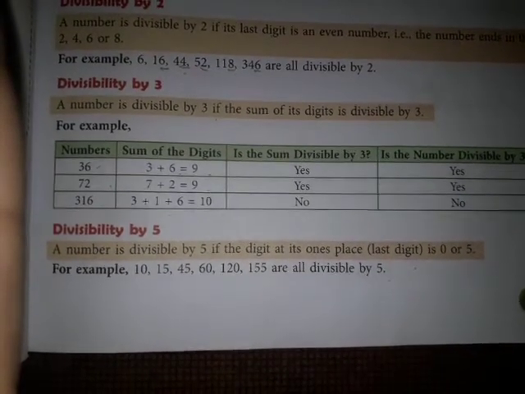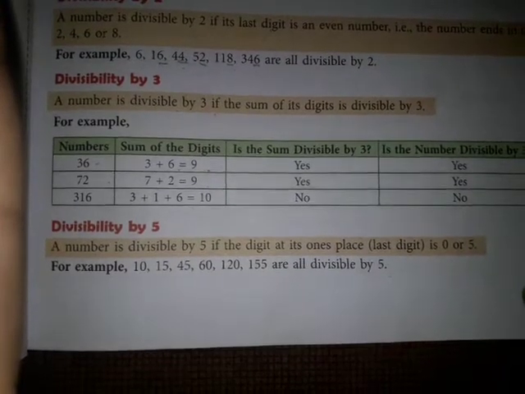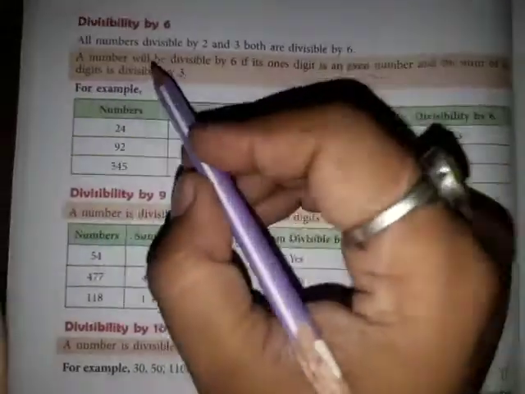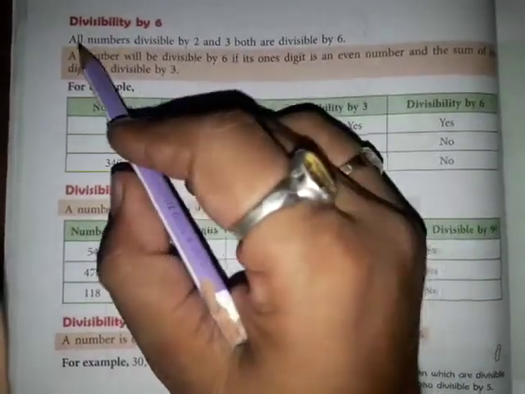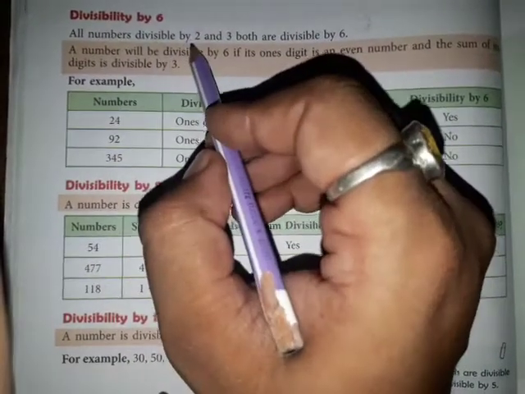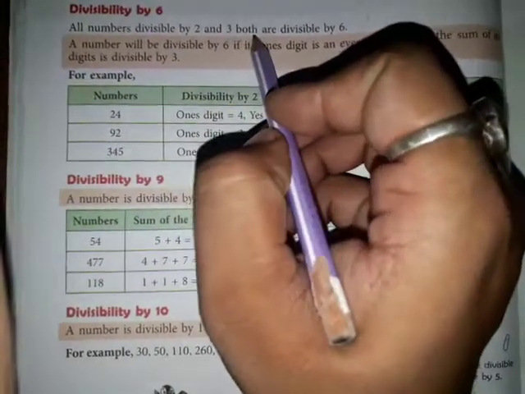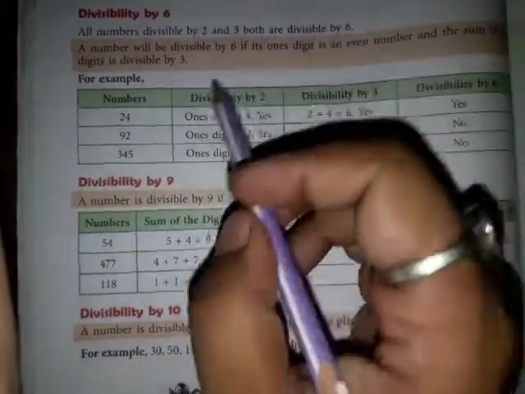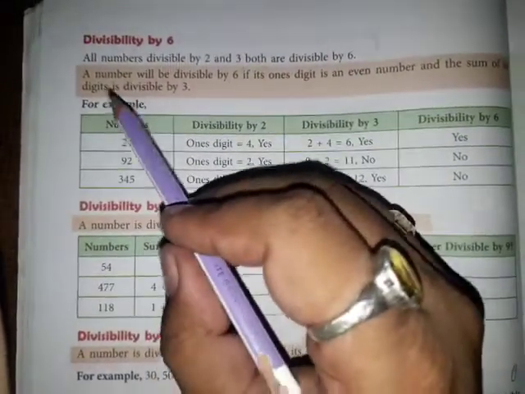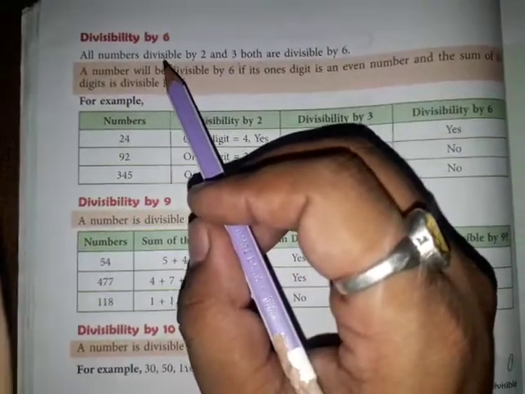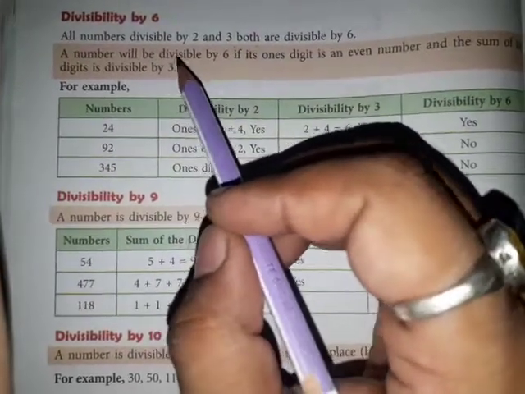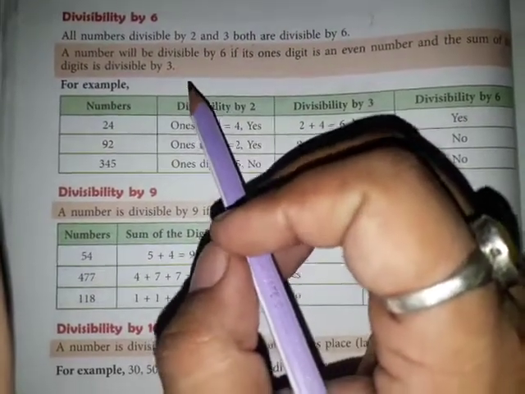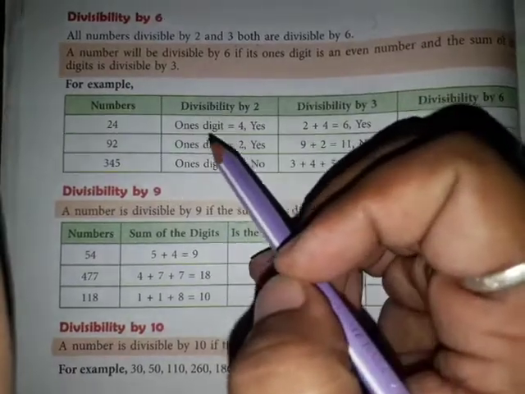The next is divisibility by 6. All numbers divisible by both 2 and 3 are divisible by 6. That means if we want to check whether a number is divisible by 6 or not, we need to check whether the number is divisible by both 3 and 2.